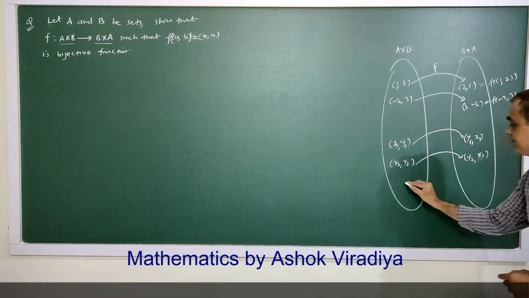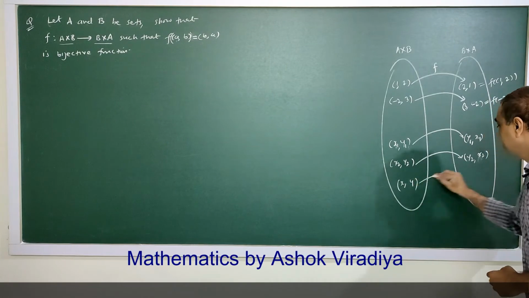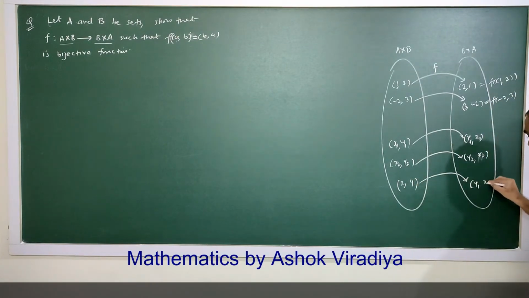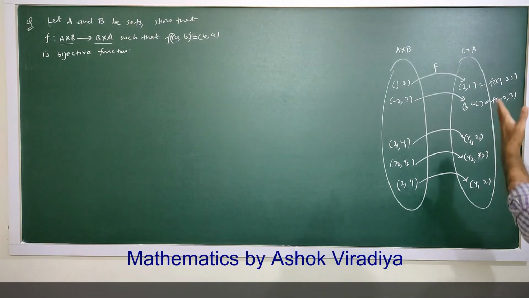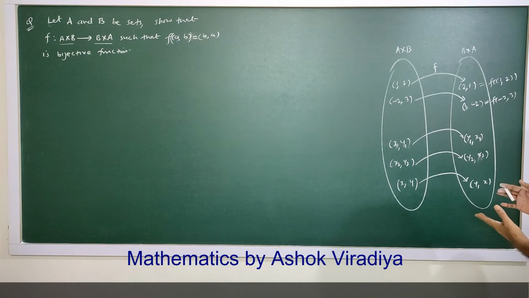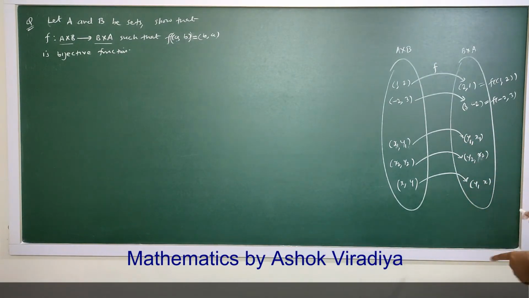In short, if you keep (x, y), its image is (y, x). From this observation, we can see that obviously this will be one-one and onto.